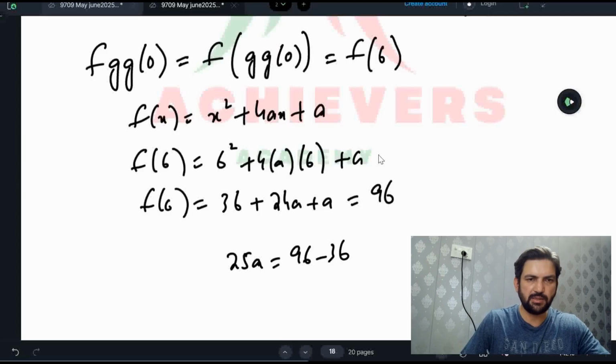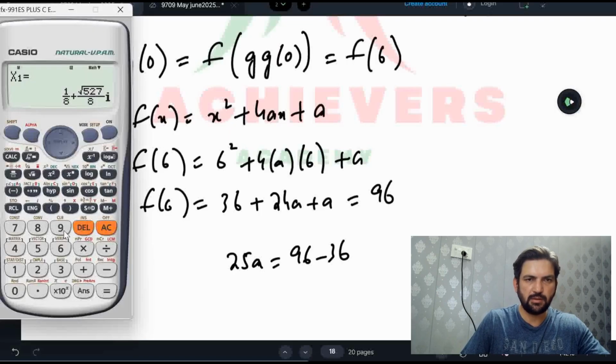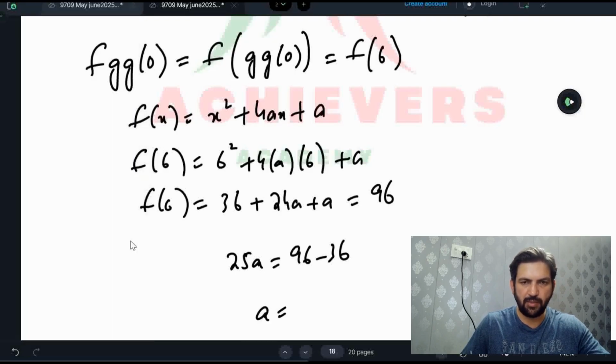So 96 minus 36 will be equal to 60. So 60 divided by 25 will be 12 by 5. So a is equal to 12 by 5. This will be the final answer.